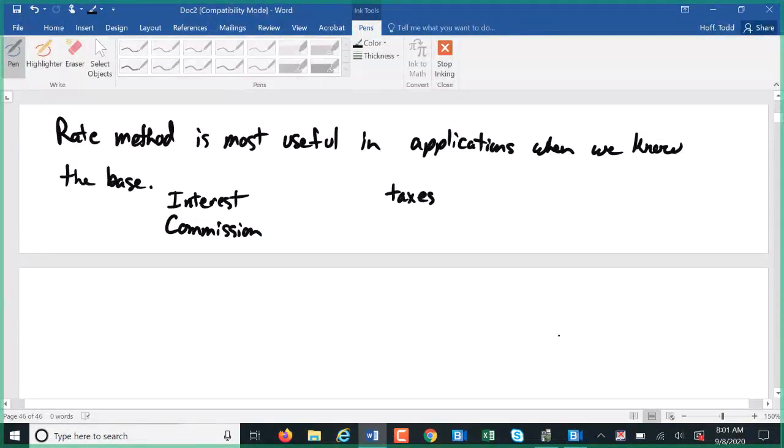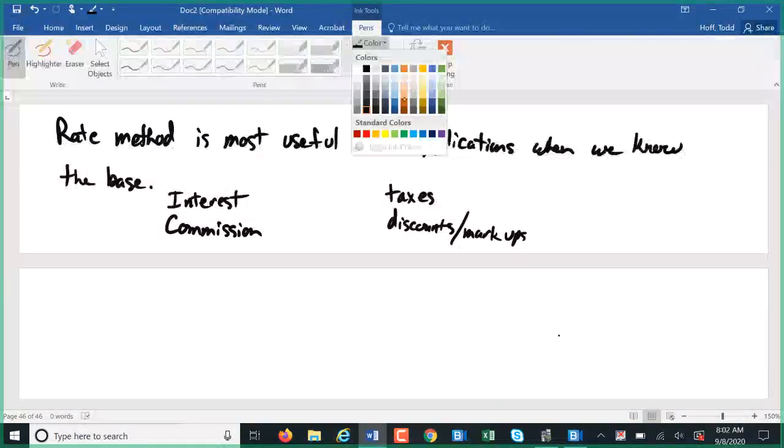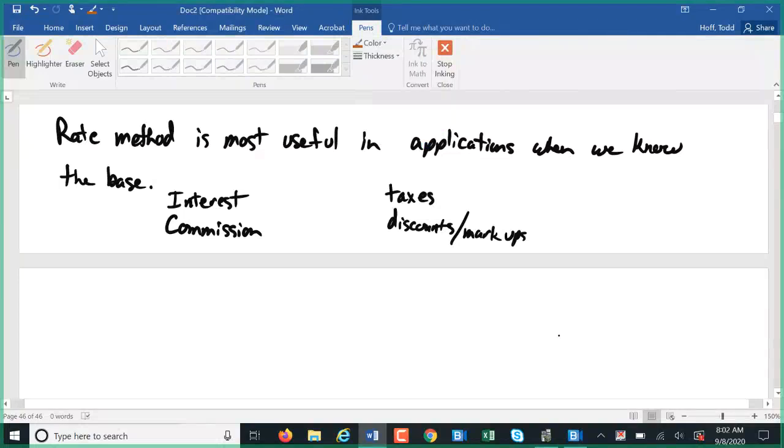Taxes, usually like sales taxes especially, and even discounts and markups. We'll look at some of those applications as we get time.